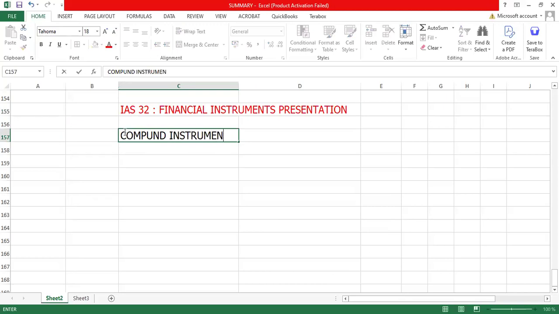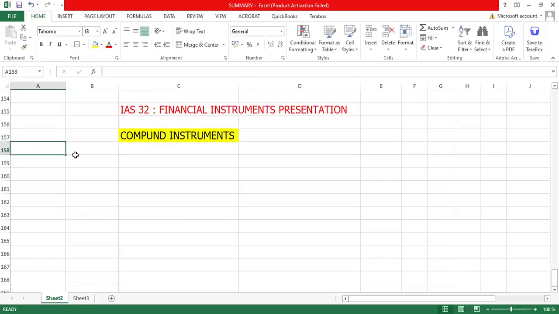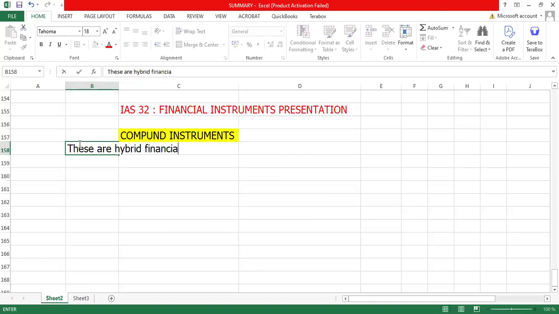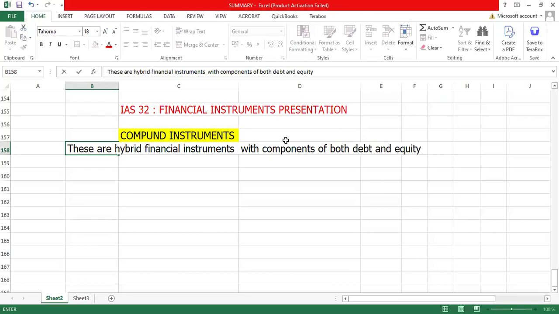Compound instruments are hybrid financial instruments with components of both debt and equity.